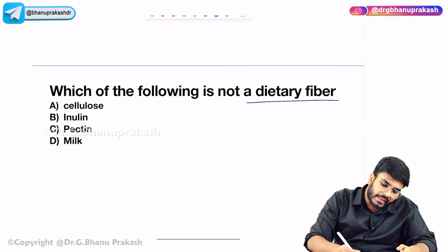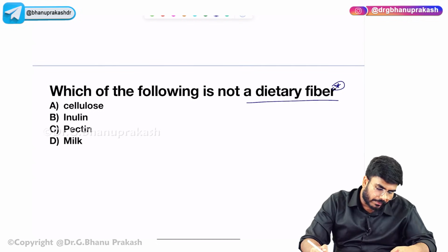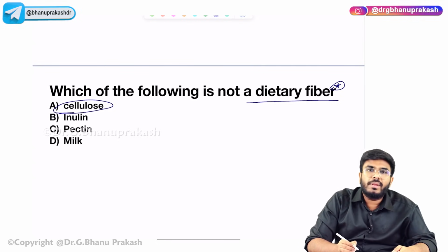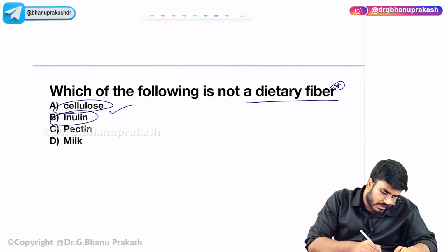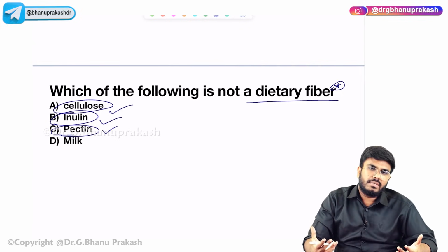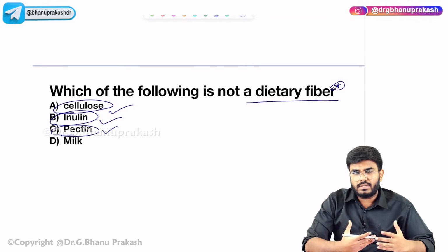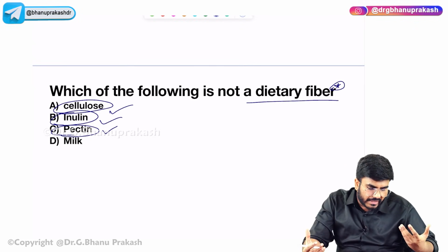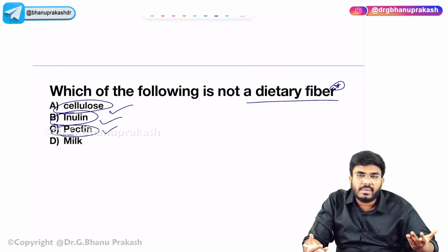Which of the following is not a dietary fiber? See, look here, these complex carbohydrates like cellulose, inulin, pectin, these are all complex carbohydrates. These are all polymers of sugar, which are indigestible. You can't digest them. Cellulose is a plant carbohydrate.